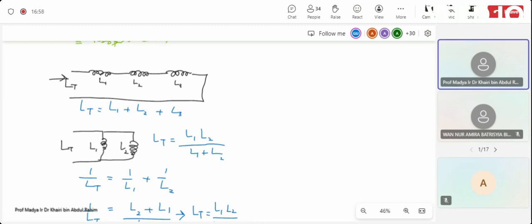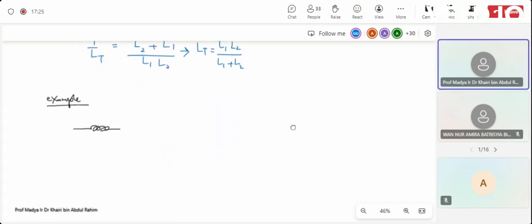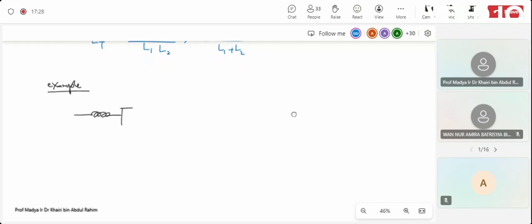Okay, let's try this simple one. Let's say you're given this, try to calculate this.